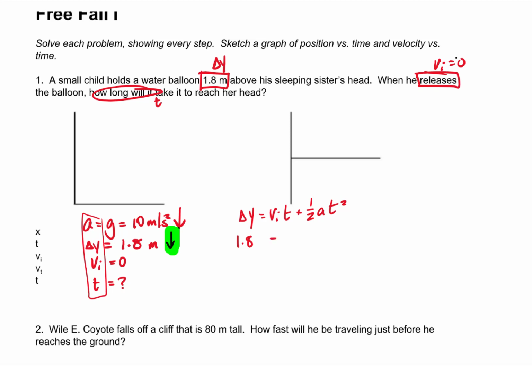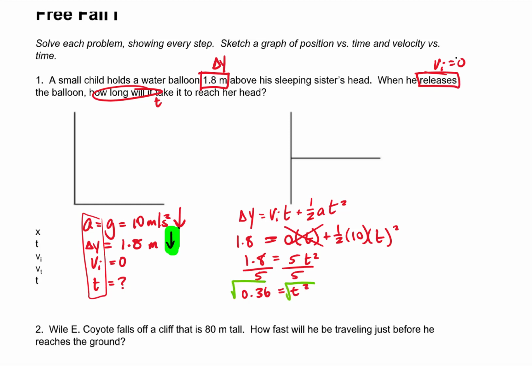So 1.8 is equal to 0 times time plus 1/2 times 10 times time squared. Now, the nice thing about this 0 is it crosses out. So we get 1.8 is equal to 5 t squared. We'll divide both sides by 5. We get 0.36 is equal to t squared. Square root both sides, and that gives us that time is equal to 0.6 seconds.